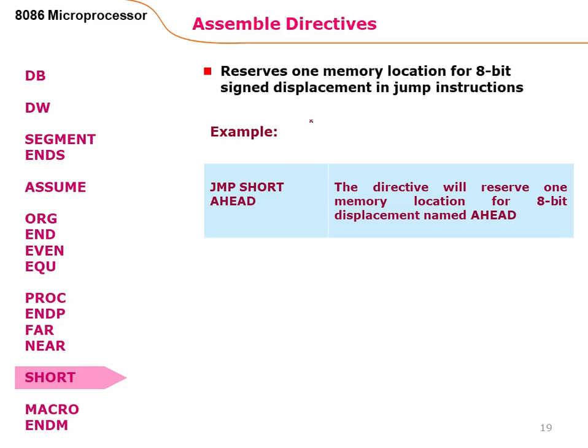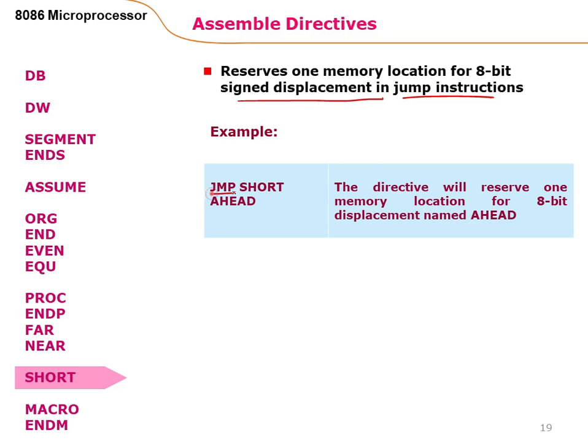The next assembler directive is SHORT. This reserves one memory location for an 8-bit signed displacement in a jump instruction. Whenever we use a jump instruction, it will reserve one memory location for the 8-bit signed displacement. Here is an example: JMP SHORT AHEAD.